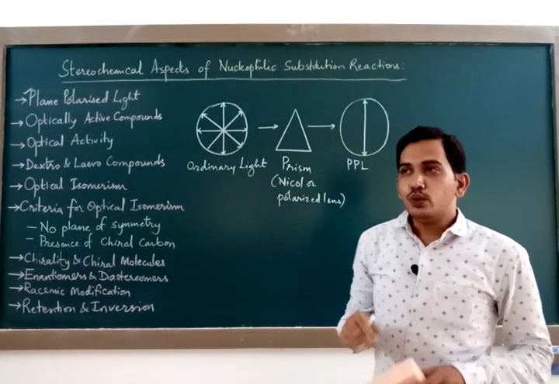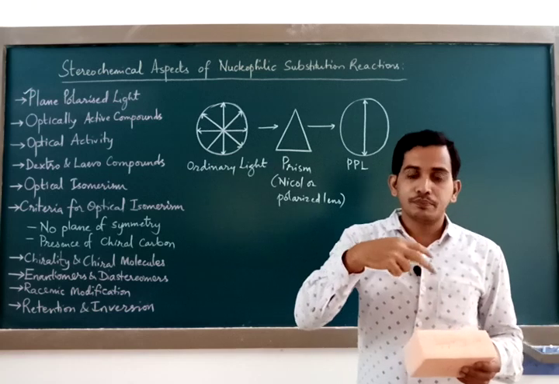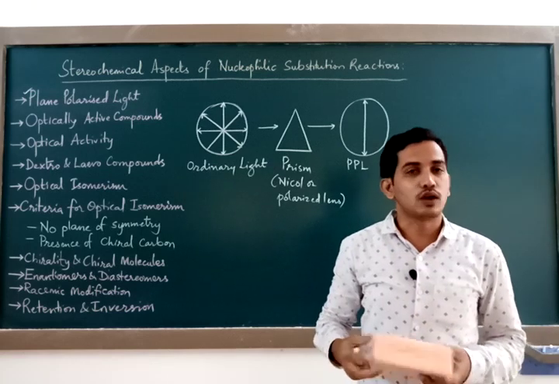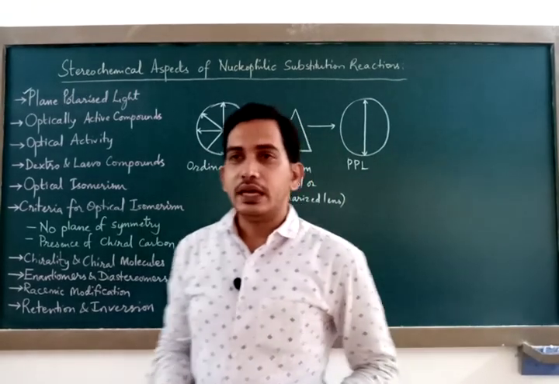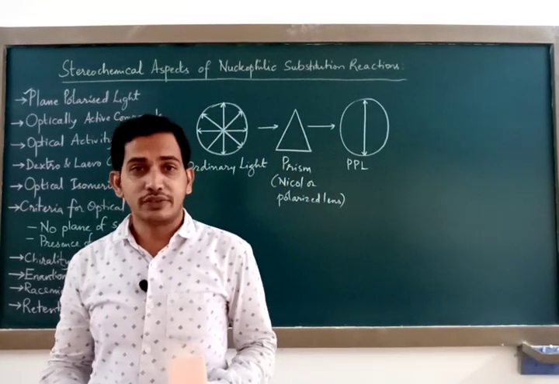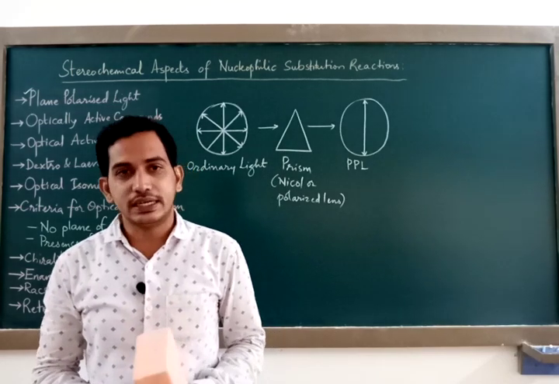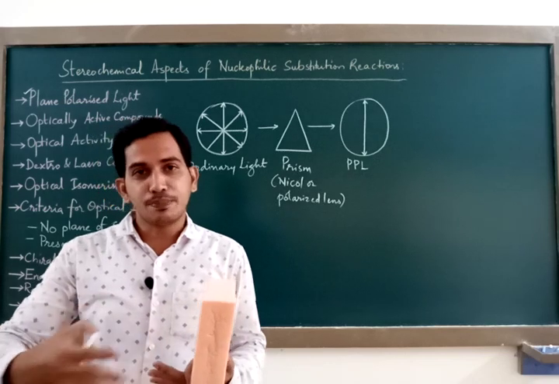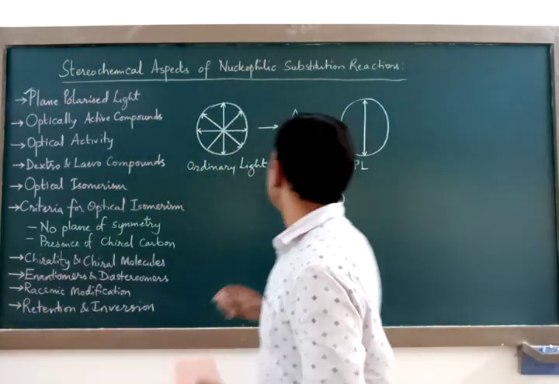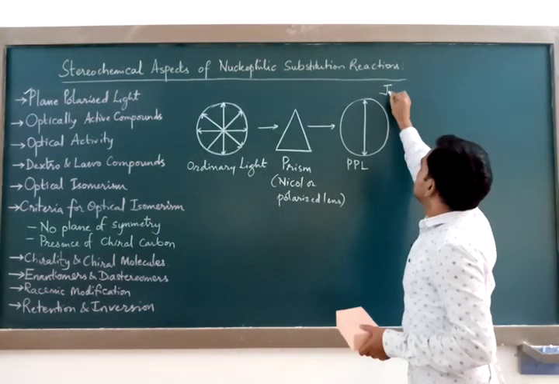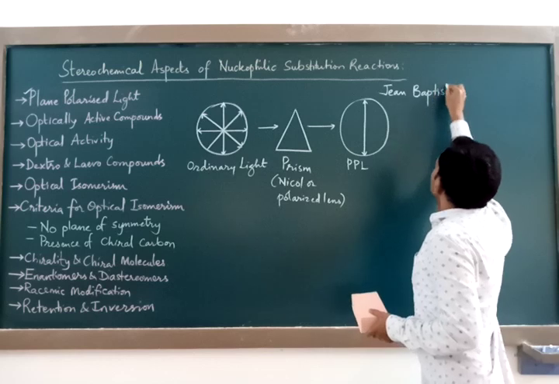Now how to identify whether a given compound will be able to pass this plane polarized light or not? There are some organic compounds like sucrose, oil of turpentine, camphor, etc. All these were tested whether they will be able to pass plane polarized light through them or not. This was done by a scientist called Jean-Baptiste Biot.